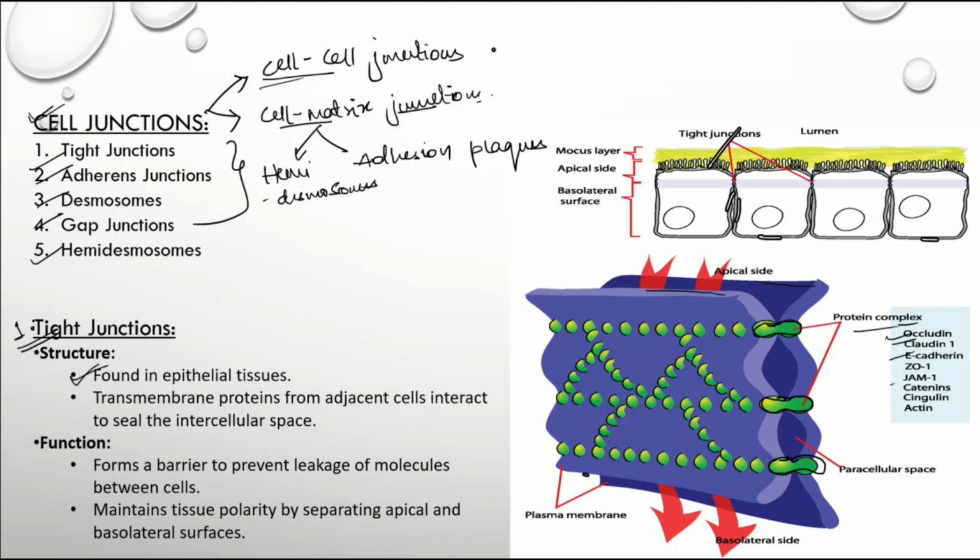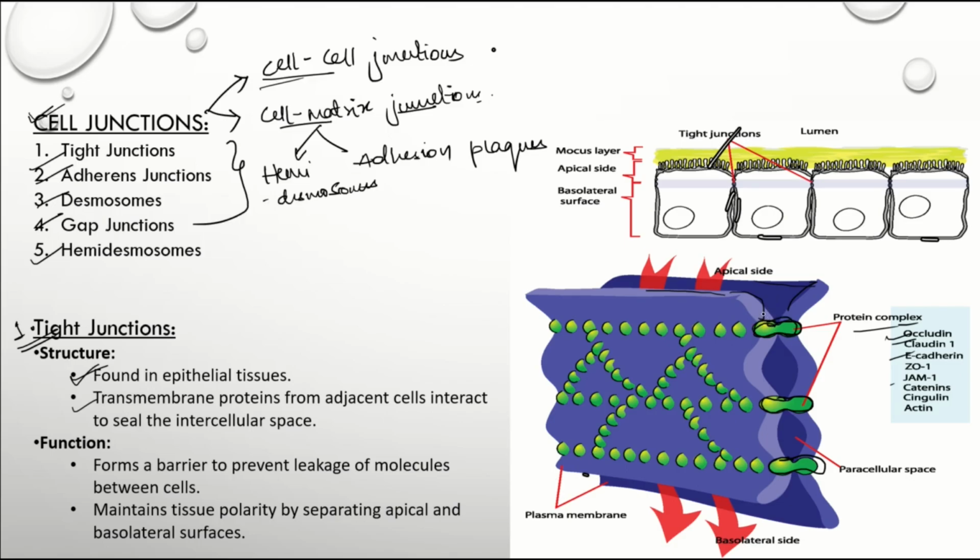As the name suggests, in these tight junctions the cells are held very tightly, right? And the transmembrane proteins from adjacent cells interact to seal the intercellular space. This is one cell and this is another cell, and the space in between is called the intercellular space. This intercellular space is completely sealed by these protein molecules.